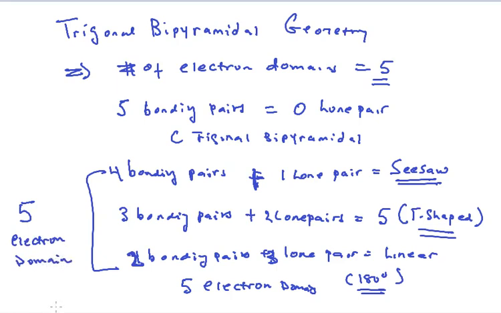And the last one that we're going to see is the octahedral structure. The octahedral structure also has various types of geometry based on the number of lone pairs and bonding pairs of the molecule.